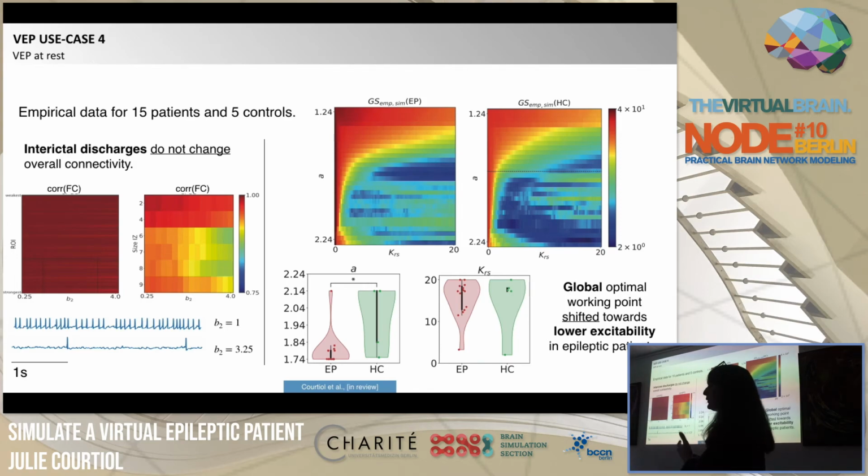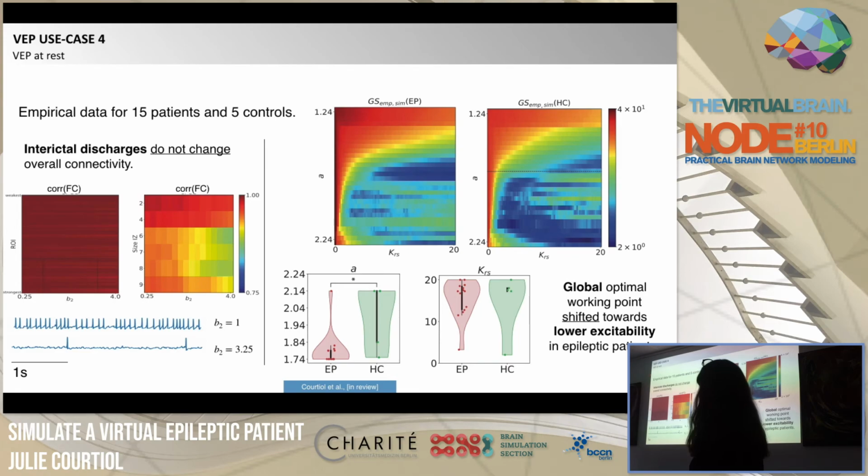To fit the empirical data with the simulated data, we compute the functional connectivity, and there were five metrics. One is the static functional connectivity, the basic one. Another one is the dynamic FC. There is also the metastability, or even the multiscale entropy that you saw yesterday.